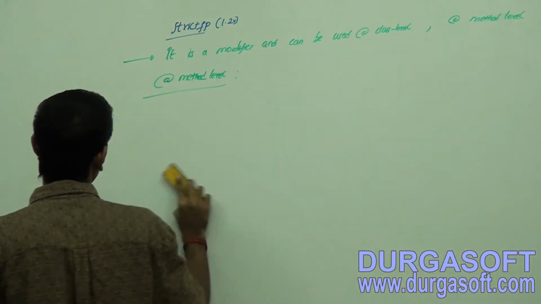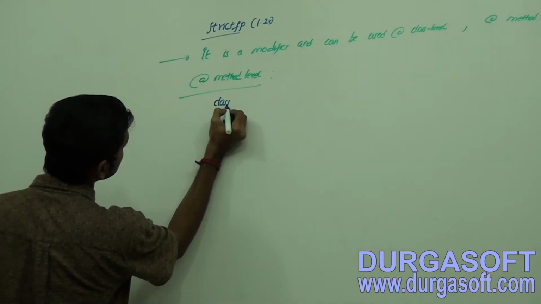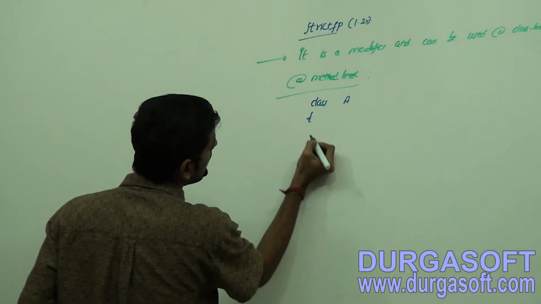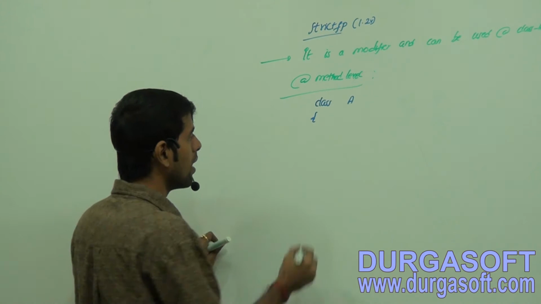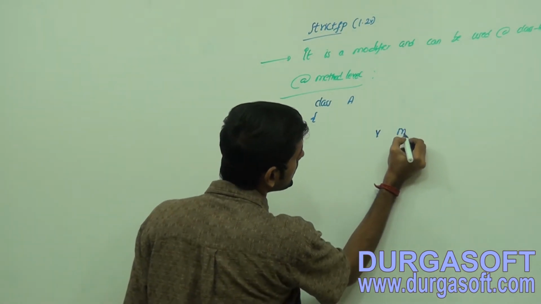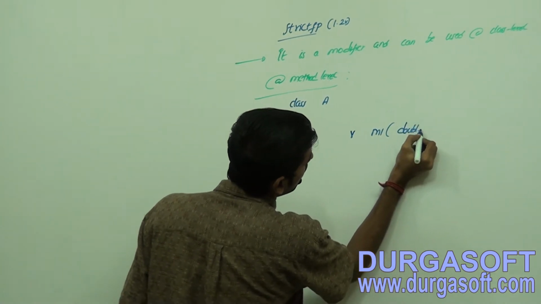Now observe this. Think that I have a class A. Now I have declared one method m1 which accepts a double as the argument.